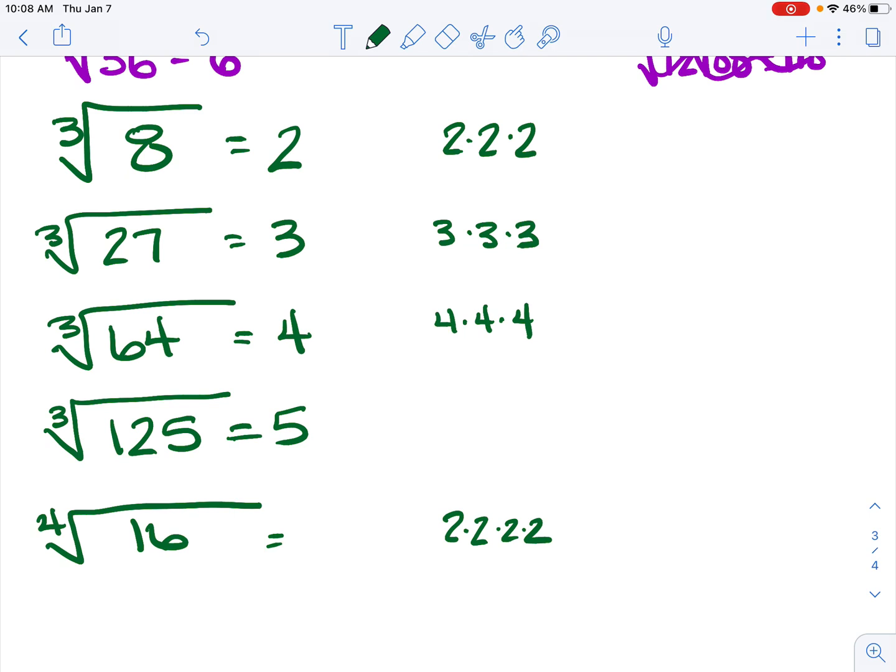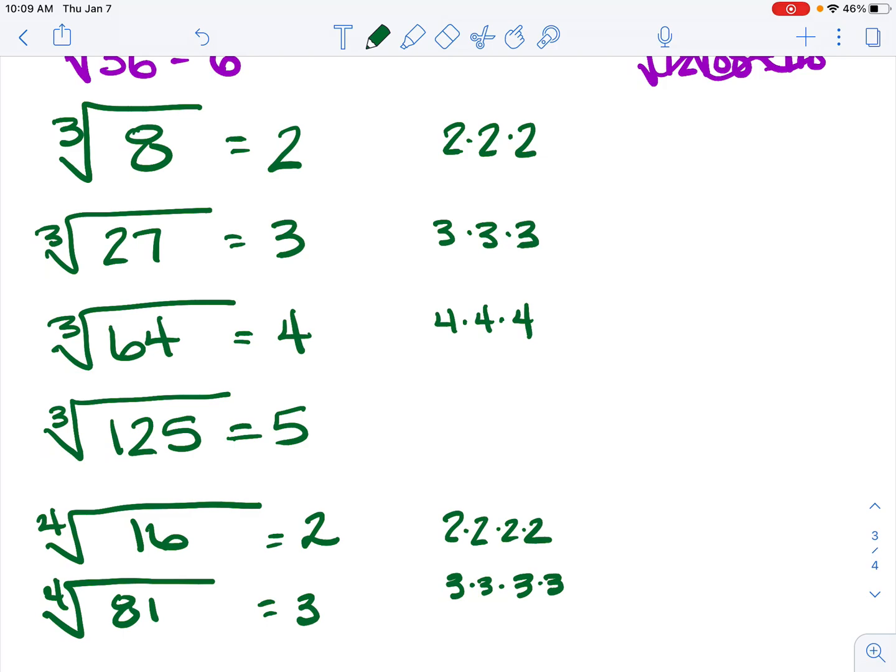So the 4th root of 16 is 2. And if we think about this the same way, 3 times 3 is 9, and 9 times 9 is 81. So the 4th root of 81 is 3.